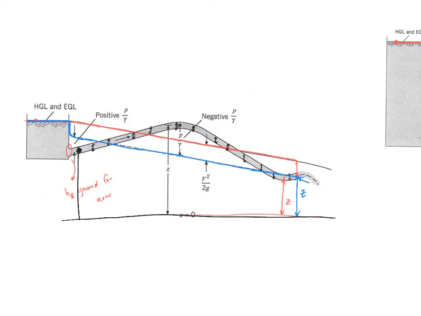Now here in blue, this is P on gamma, right here, and this is V squared on 2g. But something special happens. Notice V squared on 2g is constant through the whole thing, and V squared on 2g, of course, cannot go negative. But notice, here's our Z. So Z is this line right through the middle here.